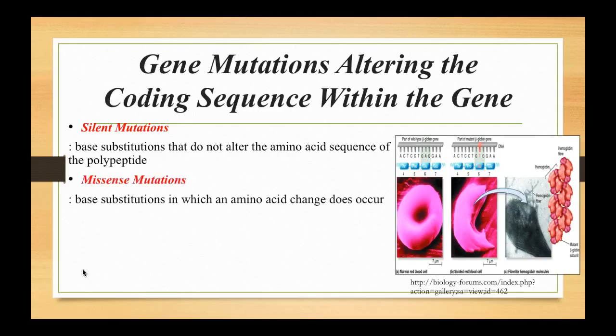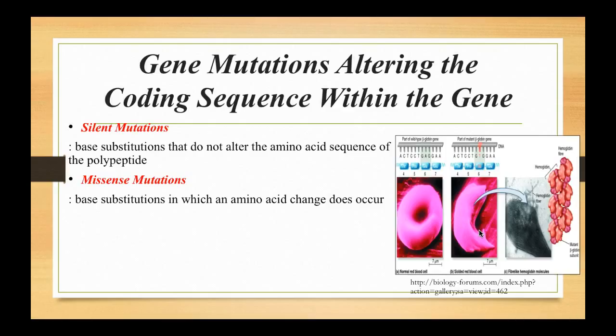But for missense mutation, it's a whole different thing. It's a base substitution in which an amino acid does change. For example, sickle cell anemia. Right here, I have a picture. The normal red blood cells have the donut shape. But when a missense mutation happens, a base is switched to a different one, which causes the normal red blood cell to become a half donut shape, which makes the red blood cell lose the function of transporting oxygen.